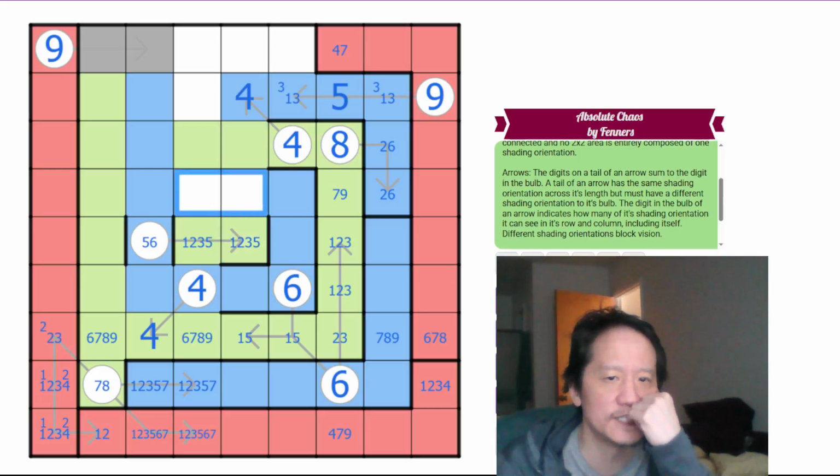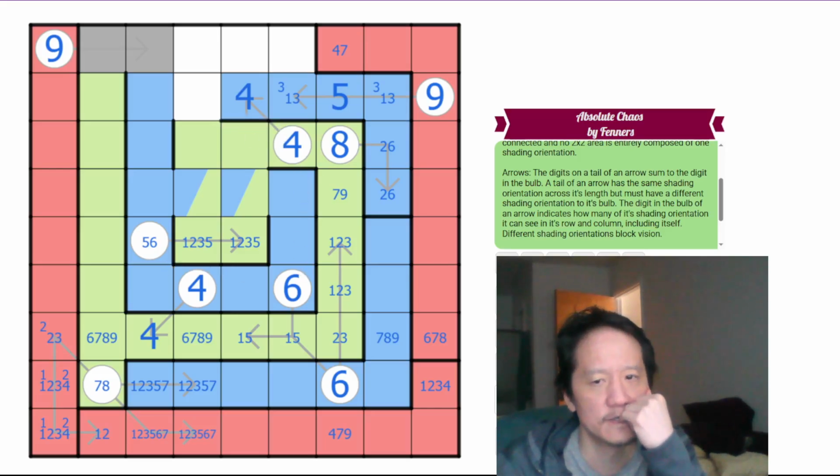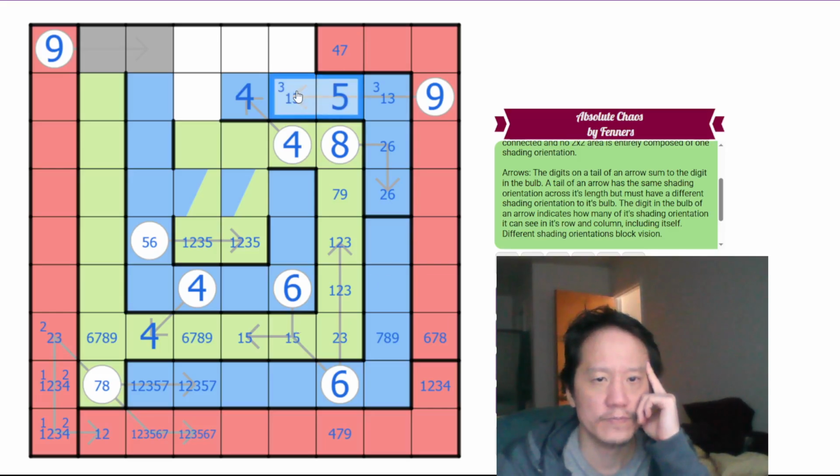We're not sure which is which. This is a separate region. This is a separate region. Same here. Sees 8. This sees 4. This sees 6.